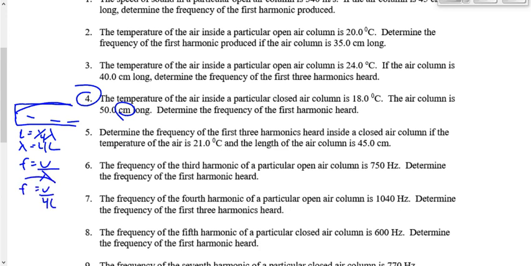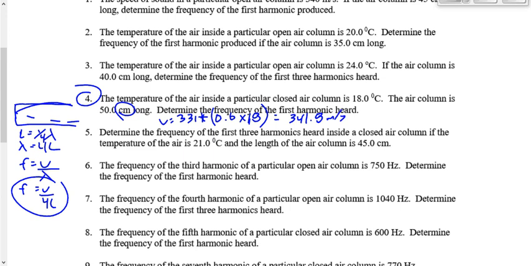That's good. Now we have an equation, but we do need the speed here. The speed here is 331 plus 0.6 times 18. That gives us a speed for number 4 of 341.8 meters per second.